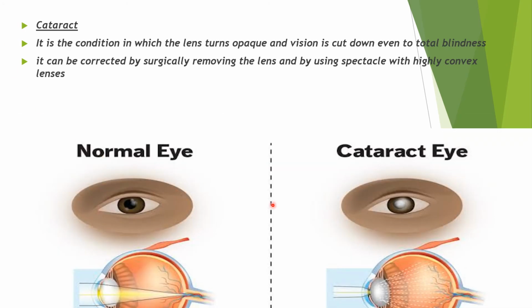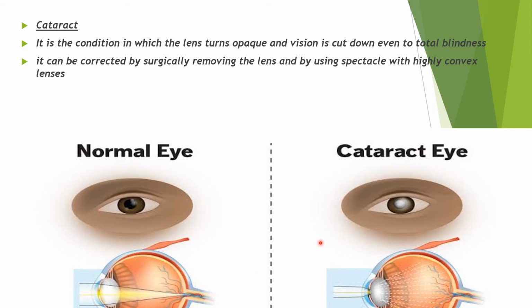Now, cataract. Cataract is a very common eye defect in old people. This is the diagram of a normal eye, and this is the diagram of a cataract eye. As you can see over here, at the central portion, it has become whitish in color. That shows that the lens has become completely opaque. But you know, our lens is biconvex, it is crystalline, and it is transparent.